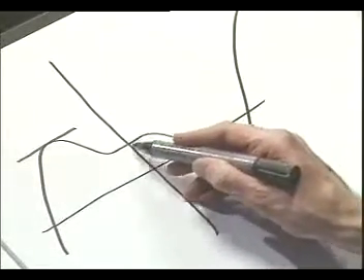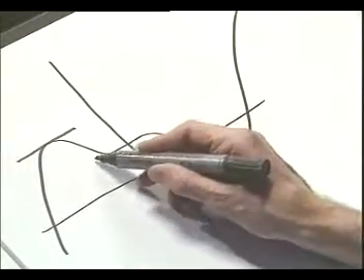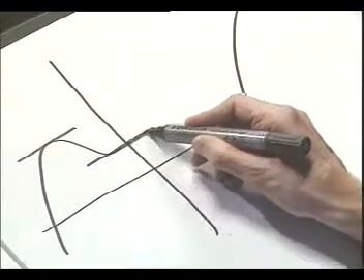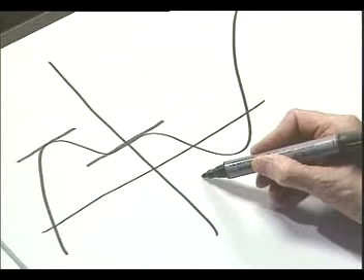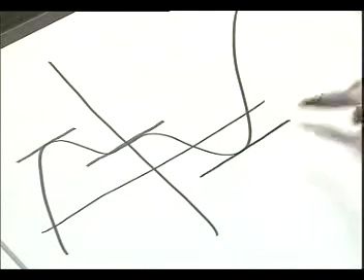Here, I've exaggerated it a little bit. The curve is flat and the tangent is again parallel to the x-axis. Here, the curve turns and again a tangent is parallel to the x-axis.